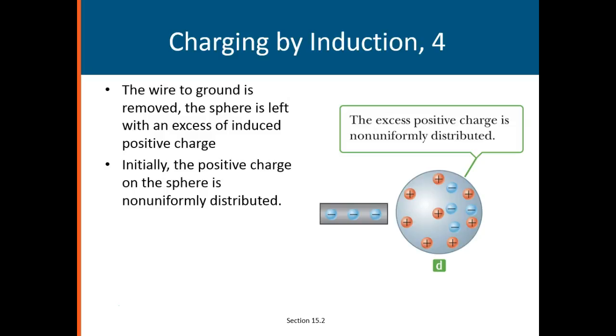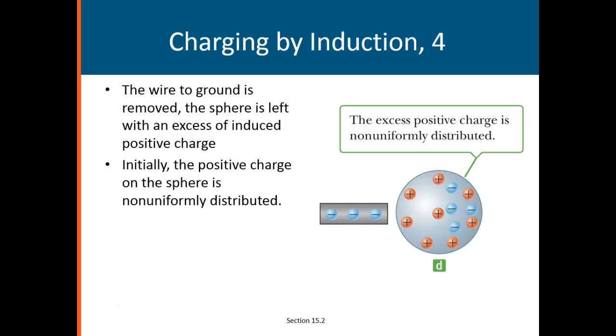So the excess positive charge would be non-uniformly distributed, as long as that thing is close, okay? All you did was remove the grounding wire. The wire to ground is removed, the sphere is left with excess induced positive charge because the positives were attracted this way, the negatives went to ground. You remove the ground, so you're net positive here.